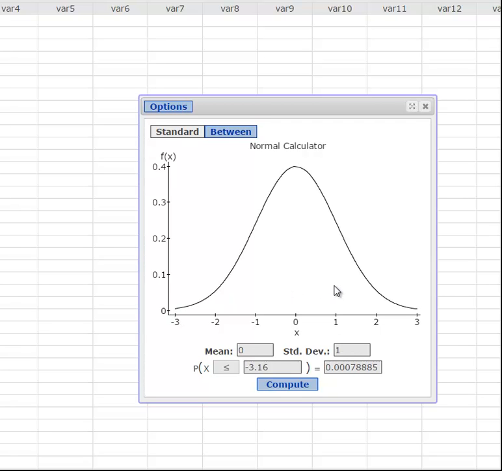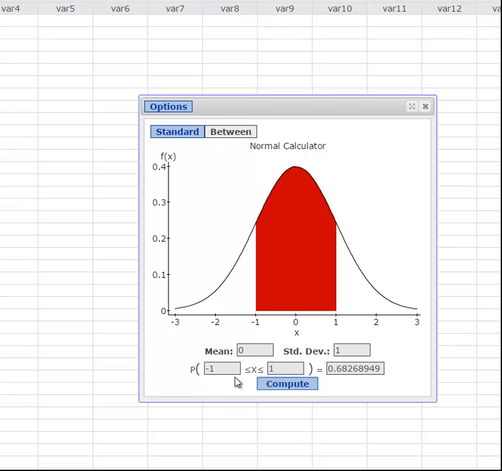For the next one, we were finding the probability that z falls between negative 2.33 and positive 2.33. In that case, I'm going to use the between option. Again, technically I would be using z here, but we can't change that in StatCrunch.